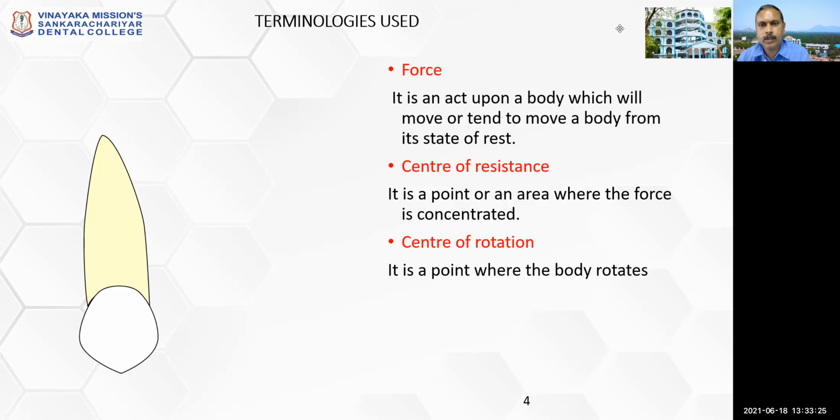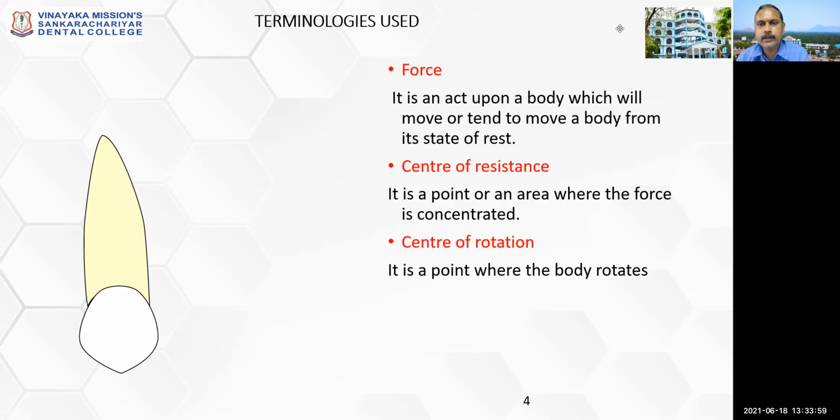Now, every body on Earth or otherwise, on any planet or in outer space, has got a center of that body. The center of the body is the center of the mass of that particular body. But when there is an environment where there is gravity, that same center of mass is called center of gravity.